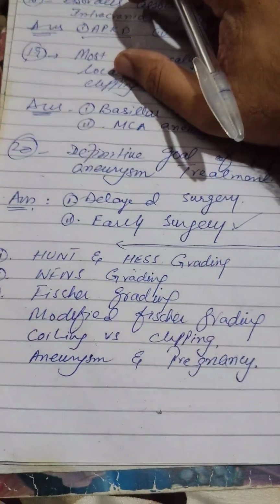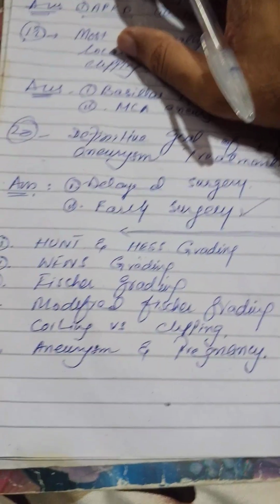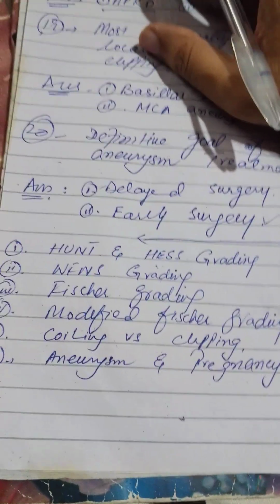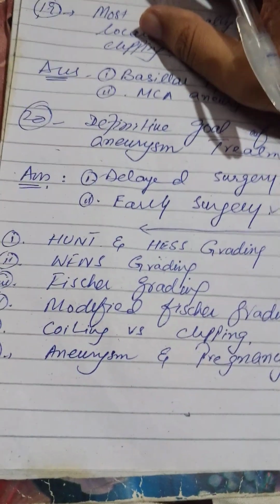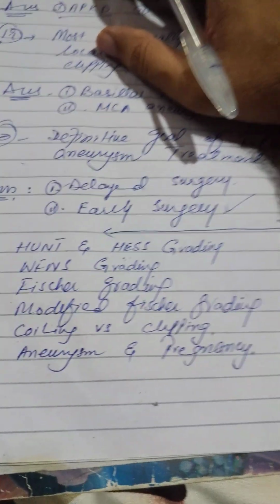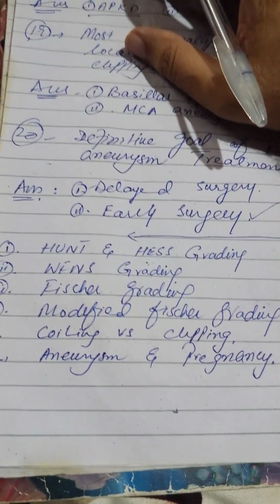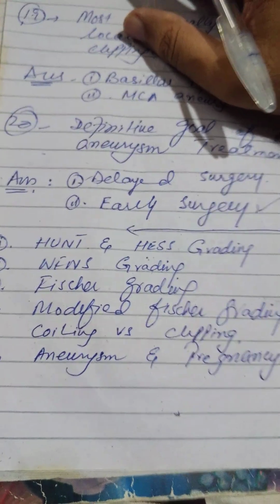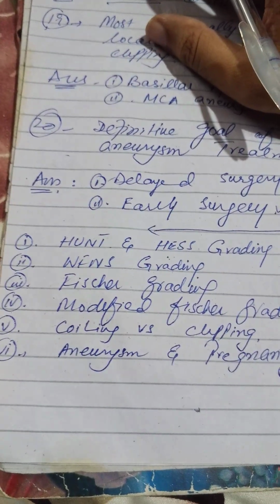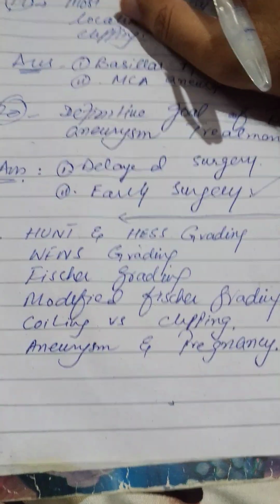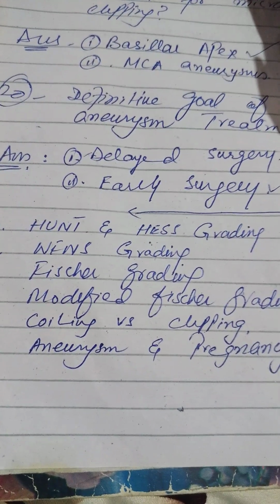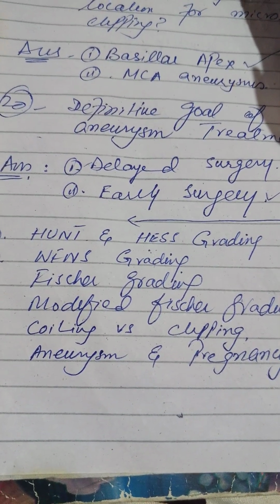For appearing in the exam, the candidate should also have very sound knowledge of Hunt and Hess grading, WFNS grading, Fisher grading, modified Fisher grading, coiling versus clipping, and aneurysm and pregnancy. These 6 topics we will, inshallah, discuss in the next video.